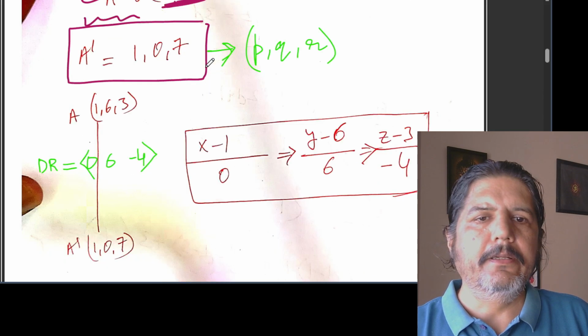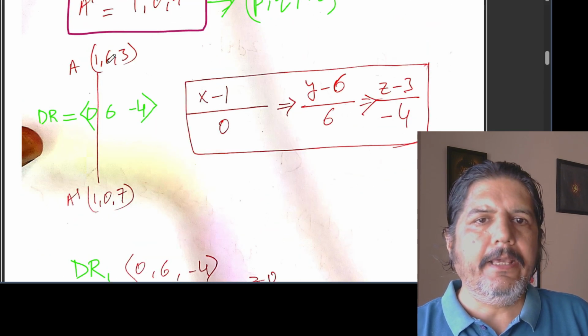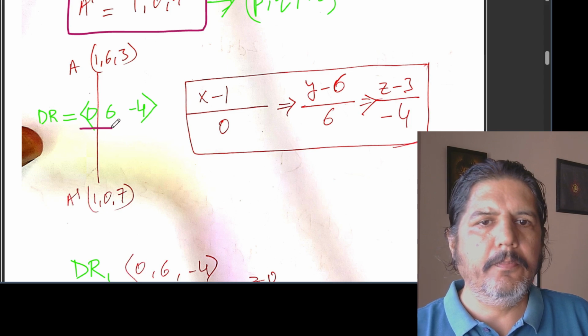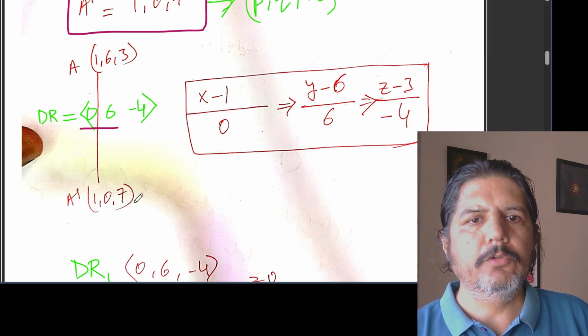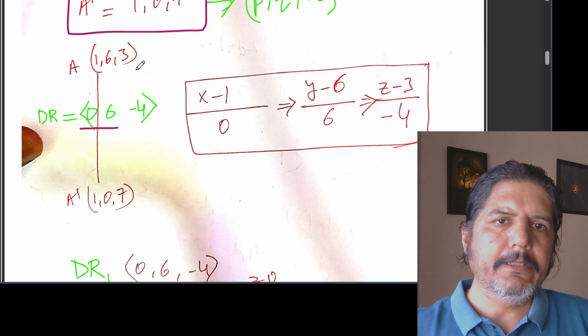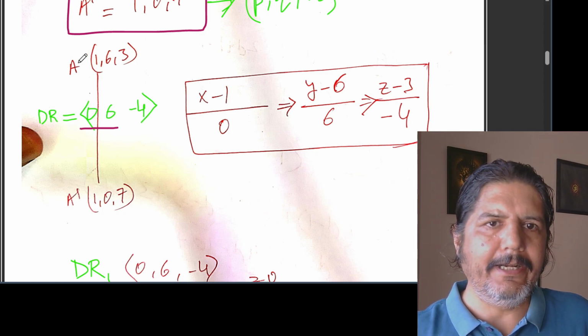Now I have this point A, 1, 6, 3. This was reflected in a given line, and the image A dash is 1, 0, 7. Now find the direction ratios of this line AA dash.